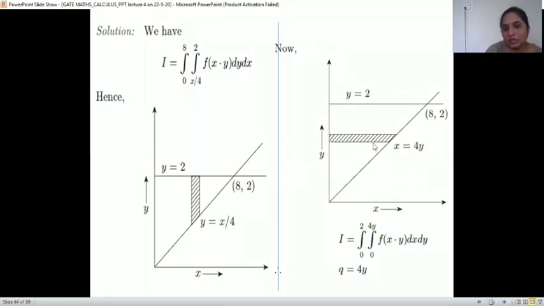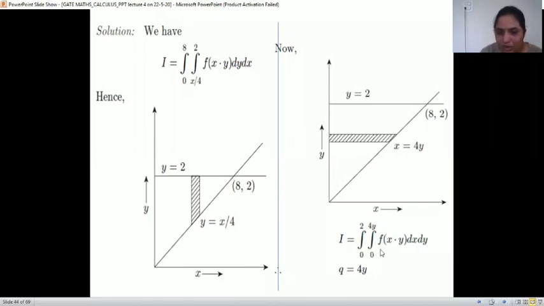Then we are drawing the strip parallel to the x-axis. The lower limit of the strip is here. What is this? This is x is 0, the y-axis. The upper end of the strip is here on this line. What is this line? This is x is equal to 4y. So x is equal to 4y is the upper limit.